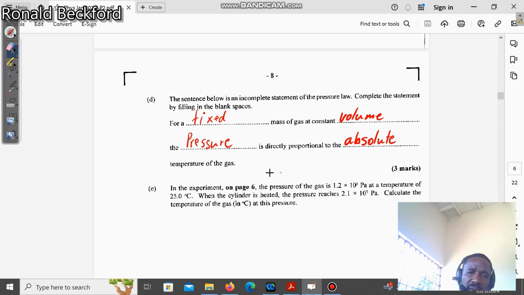The absolute temperature here represents the Kelvin temperature. Remember, when we talk about absolute temperature, we're talking about the Kelvin temperature.